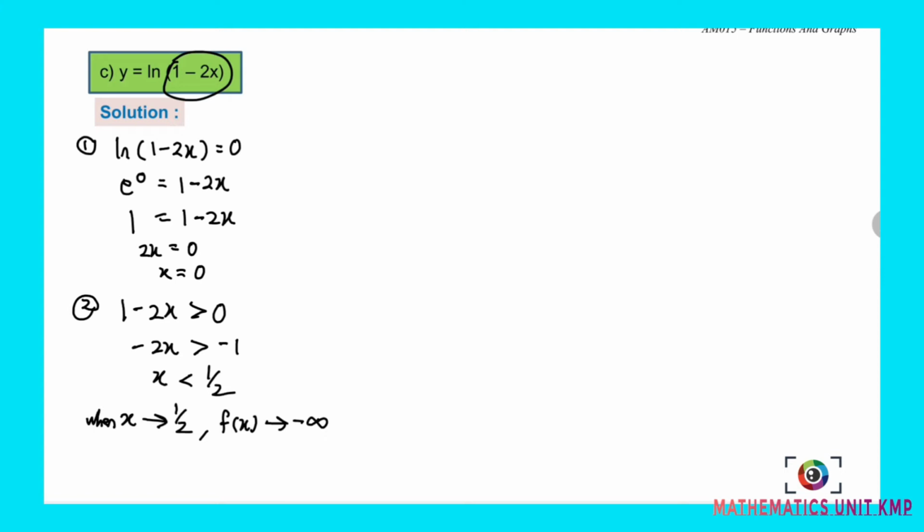You can calculate yourself. Okay, now the last step, third step, when x approaching to negative infinity. Okay, because it is smaller earlier here, right? f(x) will be approaching to positive infinity. So we sketch the graph.